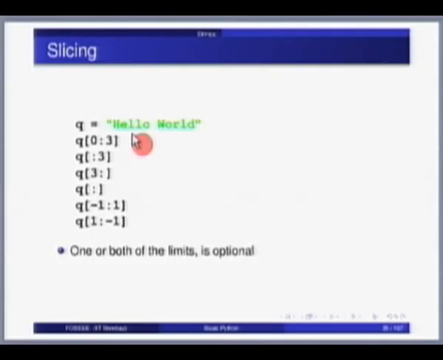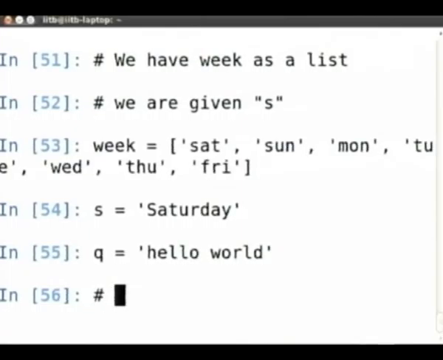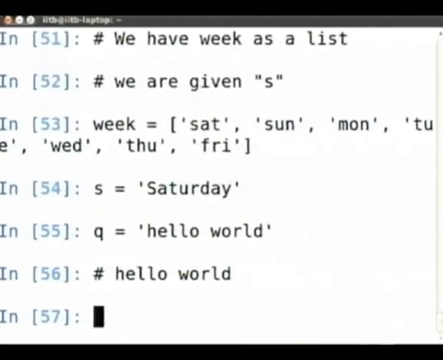Again, remember the indices. I have H E L L O, that is my string. These are the indices 0, 1, 2, 3, 4, 5, 6, 7, 8, 9.